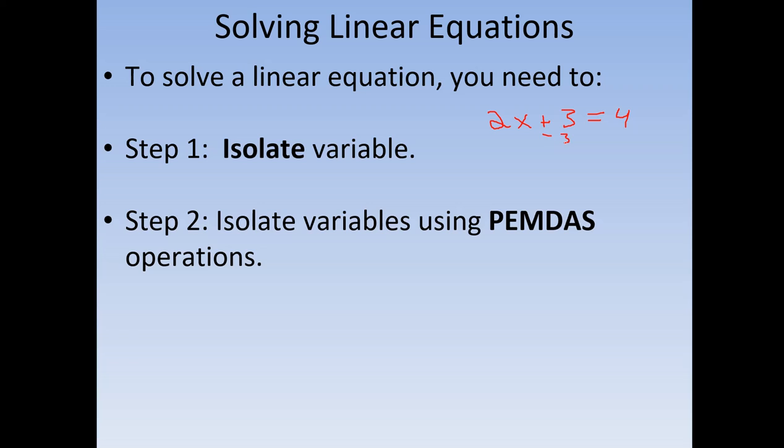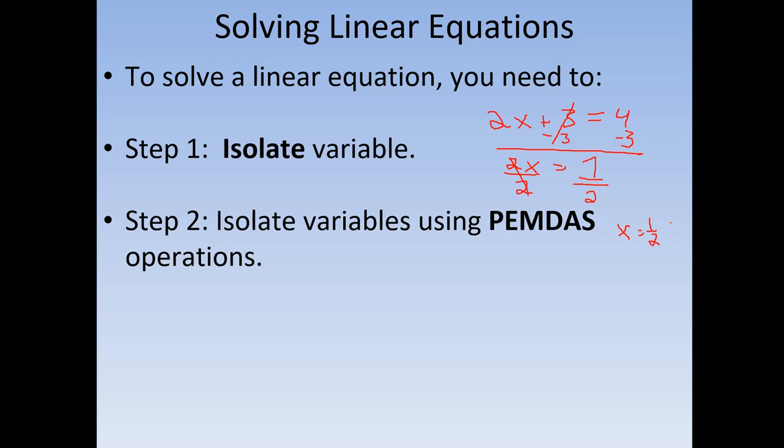So I'm going to move this 3 over to this side. So I get 2x. This cancels out to 0. And then I'm left with 4 minus 3, or 1. And then I go to the multiplication division. So I'm going to divide a 2 over to the other side so I can get rid of it here. And I get x equals 1 half.